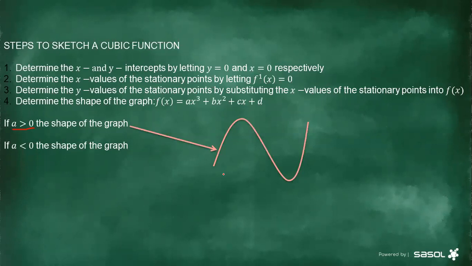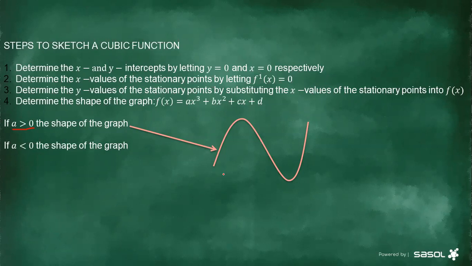So it's very, very important to remember the shape of the graph just after plotting the points. Because you are familiar with the shape of the graph, it's going to be easy for you to plot the graph of a cubic.